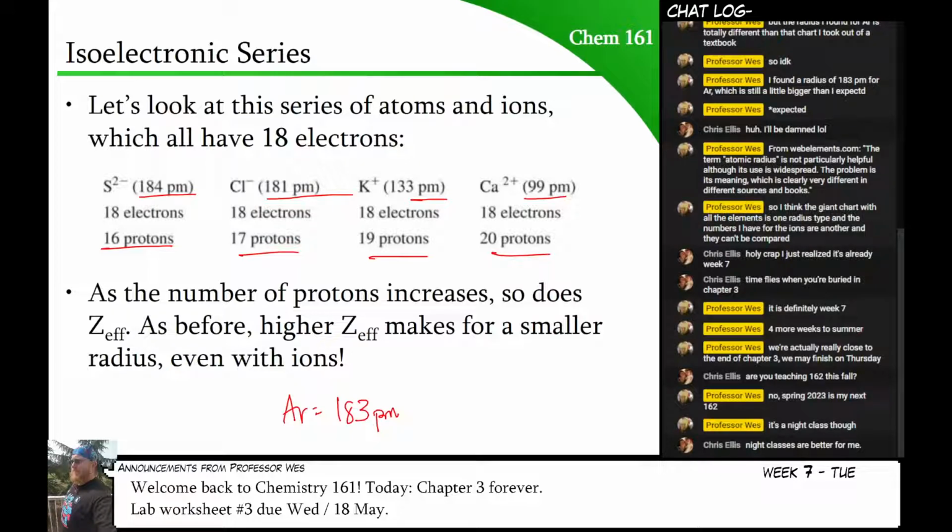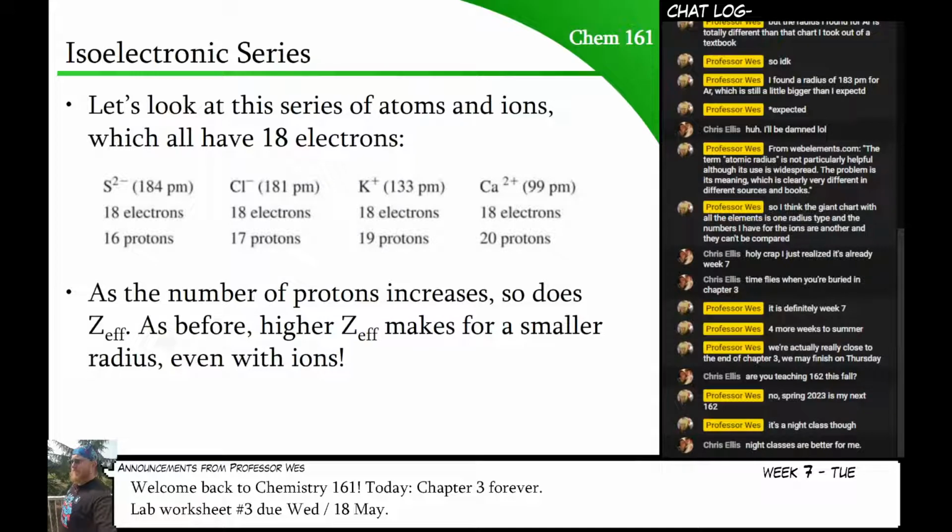These are all ionic radii, except for argon, which isn't an ion. I wrote 183 picometers because I found a van der Waals radius, and that sort of fit in here. The short answer is I seem to have hit something I am unsure of. This is what happens when I make test questions on the fly: I hit exceptions. I don't know if I hit an exception or if I just don't know which radius is being used here.